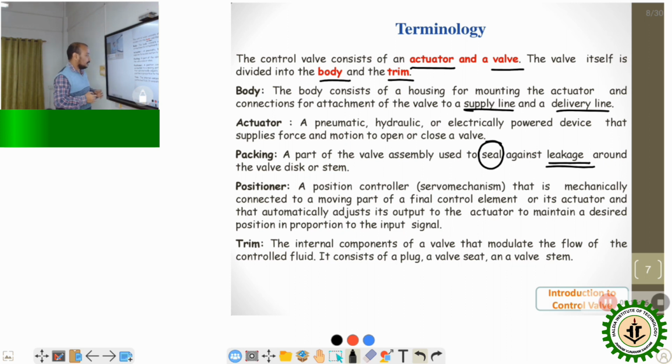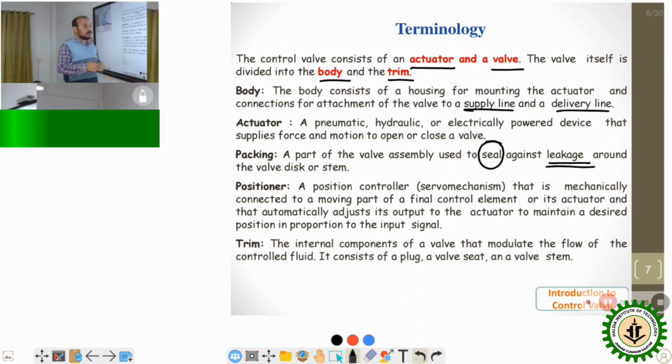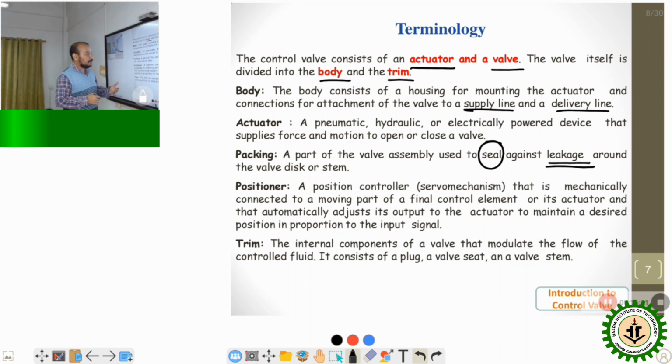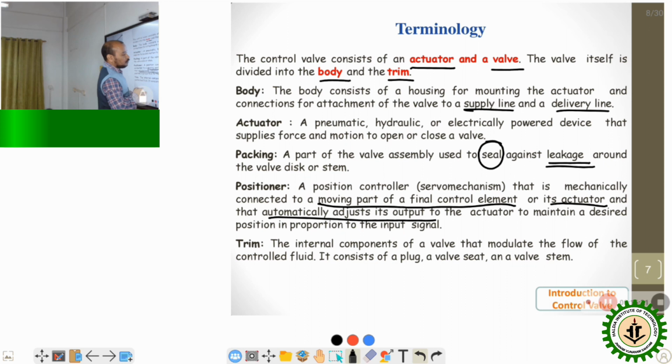Positioner is an important point of the discussion, which is a servo mechanism, we can say, and that is mechanically connected to the moving parts of the final control elements. So the up and down movement of the final control elements can be controlled by the positioner and its actuator, and that automatically adjusts its output to the actuator to maintain a desired position in proportion to the input signal.